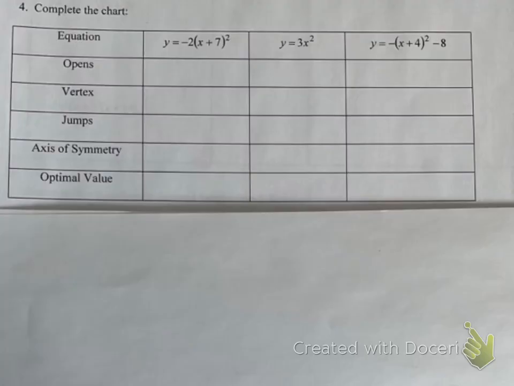Moving on. Looking at this, you're going to have to be able to identify different parts of the parabola. Looking at the equations, we want to know, how does the graph open? Well, that has to do with first understanding the vertex form of a parabola.